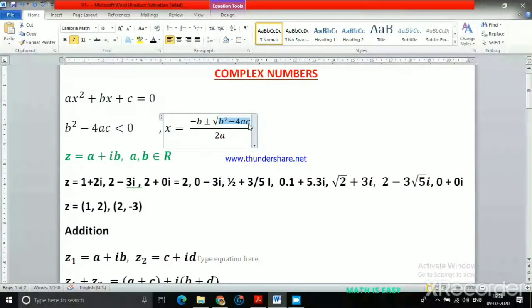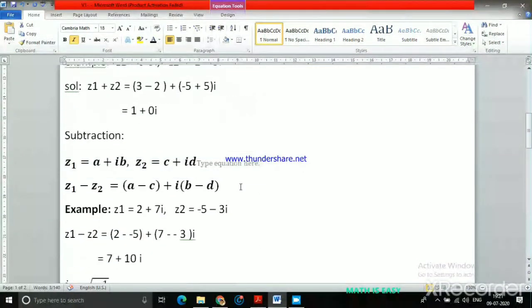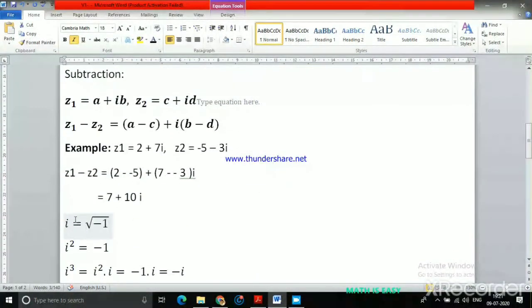If I have root of minus 5, then I can write it as minus 1 into 5. So that is root minus 1 into root 5, which is root minus 5. That root minus 1 value I am going to take as i, because root 5 is perfectly fine. It is an irrational number, we have no problem.